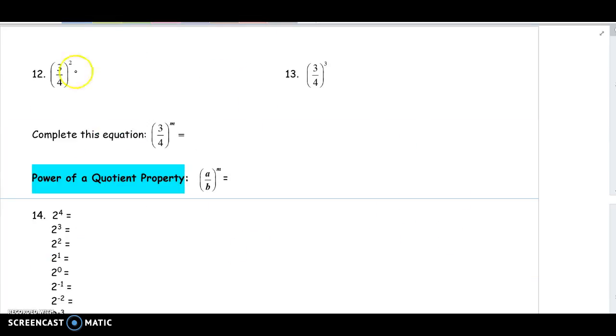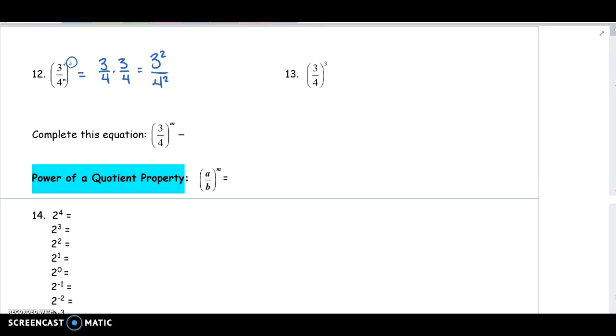3/4 squared. If we think about what a square means, it means we're taking 3/4 times itself. This means we have 3 squared on top and 4 squared on the bottom. So notice what we did is we applied the exponent of 2 to everything inside the parentheses. Now again, this only works if there's multiplication or division inside the parentheses.